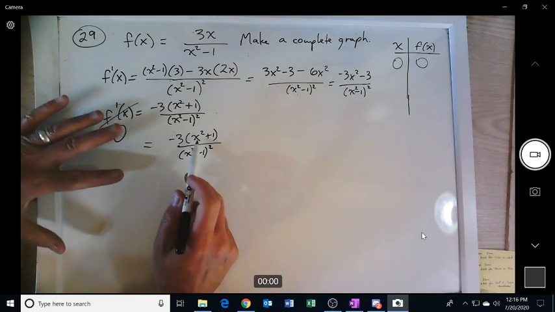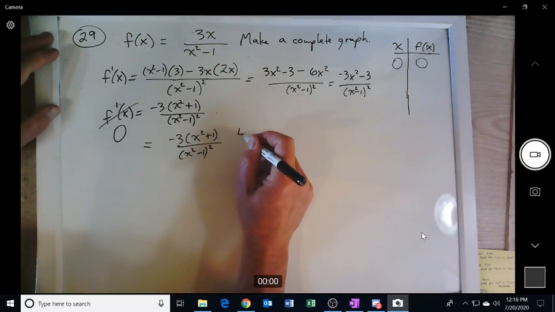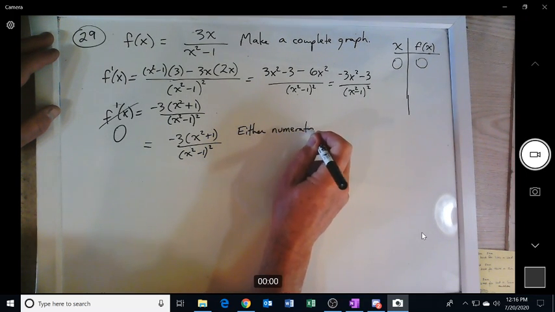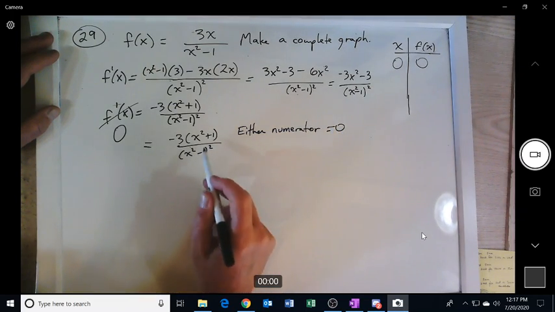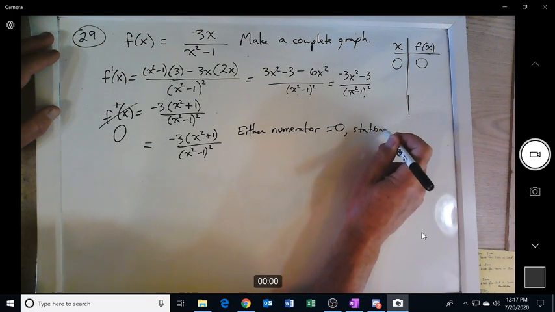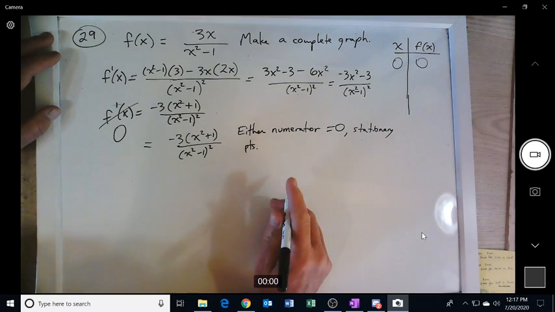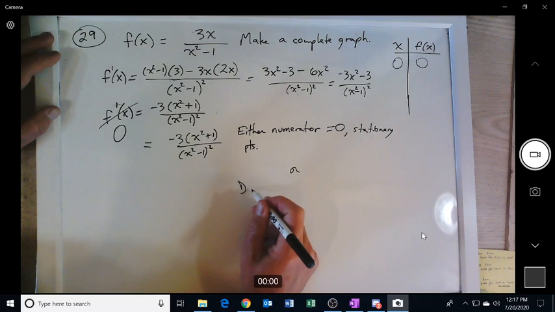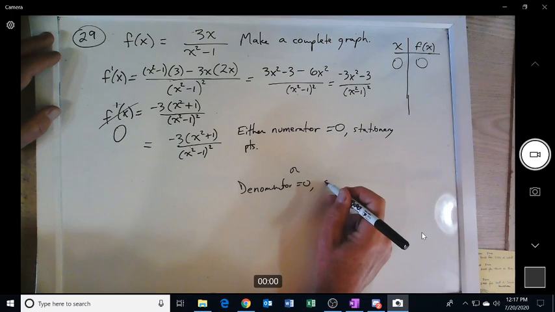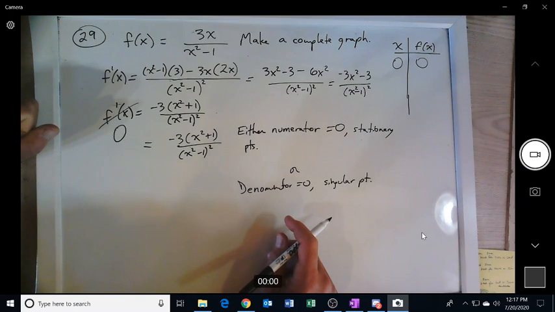When you have one fraction equal to 0, either the numerator is 0, in which case you get a stationary point, or the denominator equals 0, which gives you what's called a singular point, somewhere where the derivative does not exist.